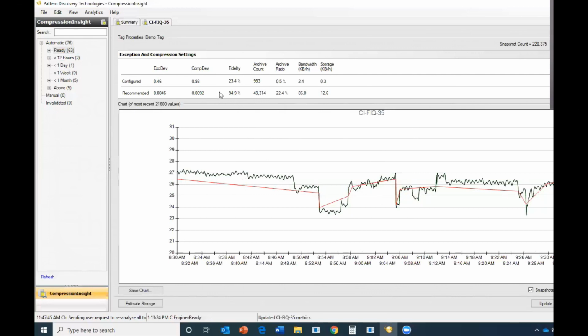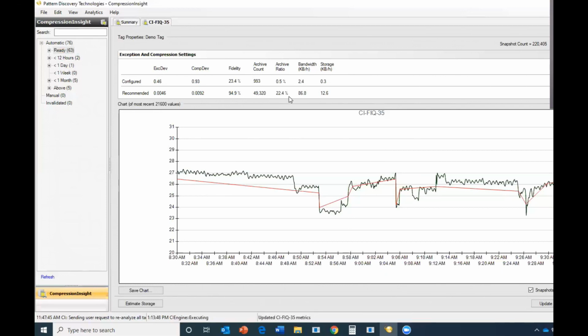We have now come in, using again this new optimized data fidelity engine, and made a recommendation for an exception and compression deviation, and we've improved the data fidelity to 94.9%.